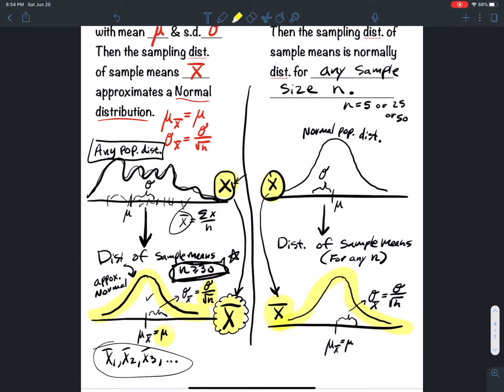Either it has to start from a normal population and then it will still be normal, or if it's some weird population or you don't know what the population is, because that's the case most of the time in real world application, then if you take n large enough, you can assume that it's approximately normal and get a close enough probability for whatever you're trying to do. Okay, so that's the power in statistics.